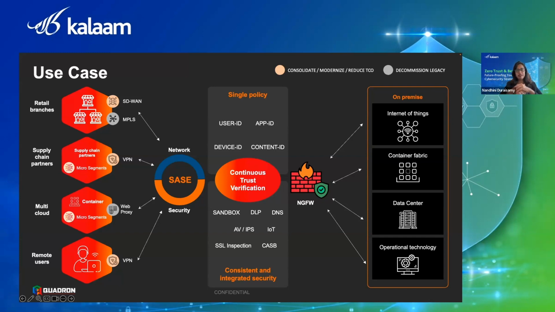So I don't want to go deep into SASE, but SASE is the Secure Access Service Edge, which was coined by Gartner, which combines multiple network and security technologies into a single offering. In SASE, there are 3 types. One is the core, the other is recommended, and the third is optional.